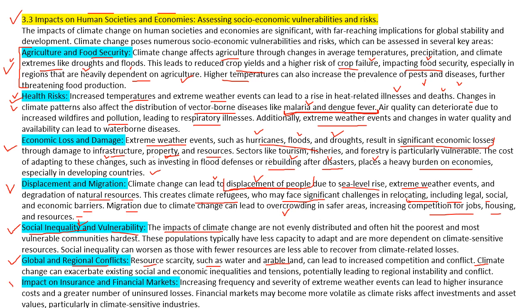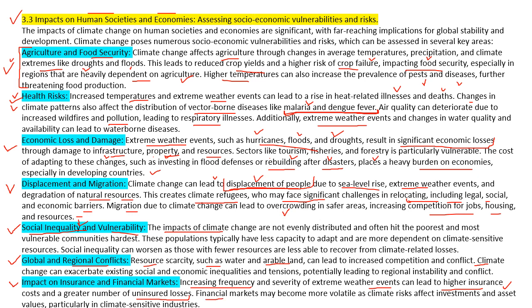The impact on insurance and financial markets. When the extreme climatic conditions and the events generated because of these conditions increase, it will develop pressure on the insurance cost, and there will be a greater number of uninsured losses.